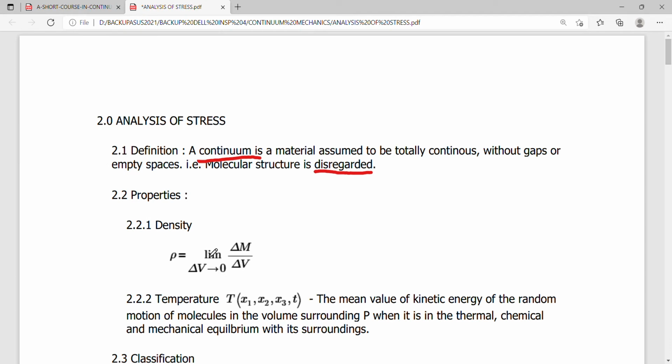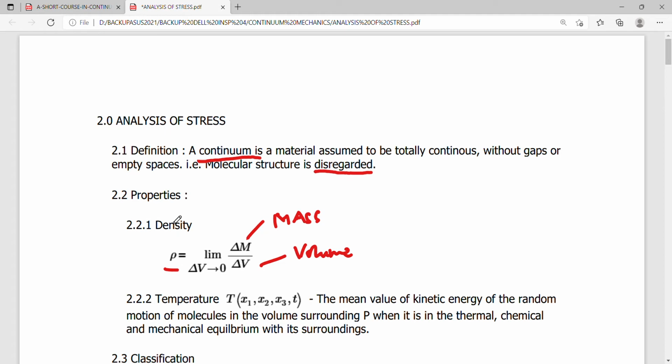So the density is defined as the limit of the ratio of the differential mass with that of the differential volume as the differential volume delta V approaches 0, and you normally designate density as the rho variable.